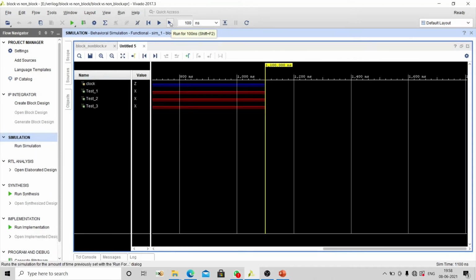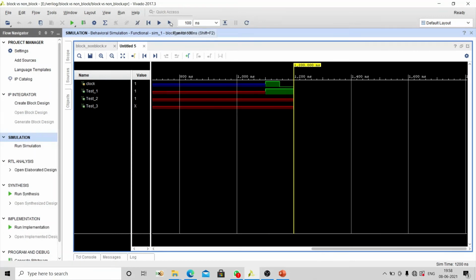I'm running for the first time period, a single clock. You can see for the first positive clock edge here, my test1 got high. At this condition my test2 and test3 are in unknown condition x, and this is z, the high impedance state.